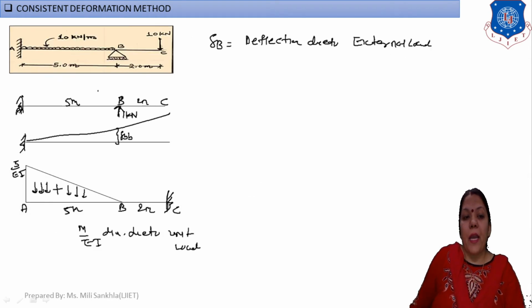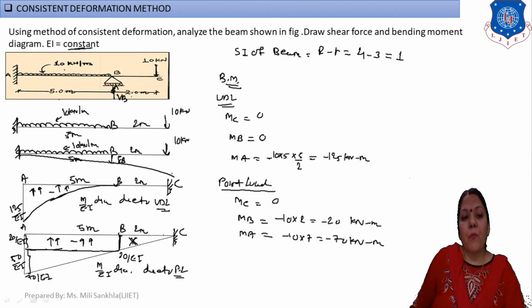Now for the second diagram, our rectangle shape, 5 into 20 by EI, and CG from this point is 5 by 2. And the third figure, 1/2 into 5, 50 by EI, and CG from this point is 2/3 into our distance of 5.